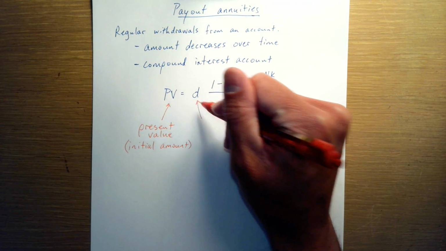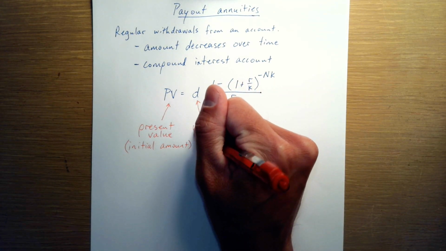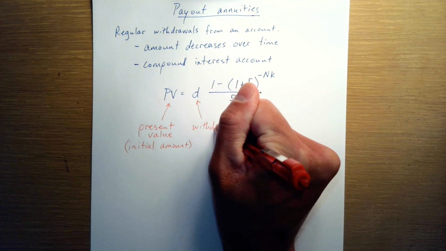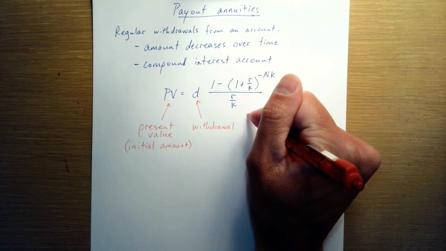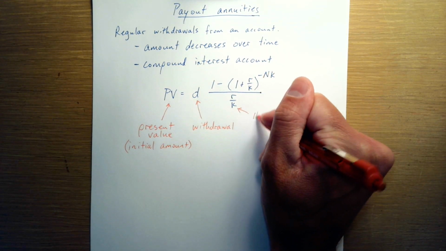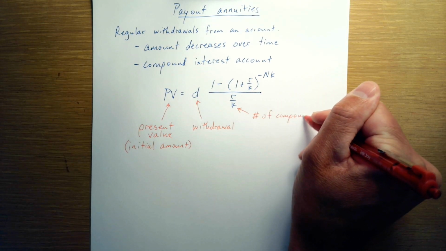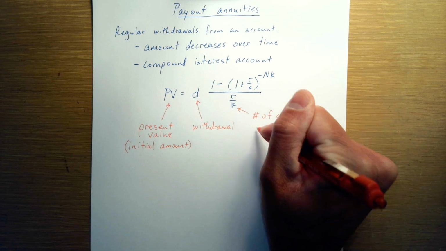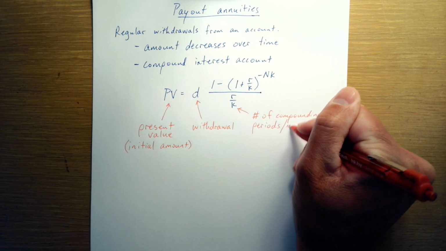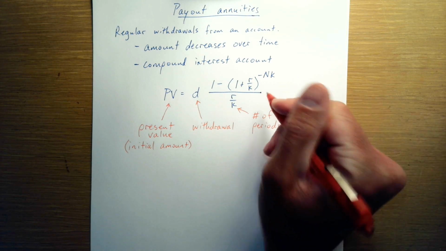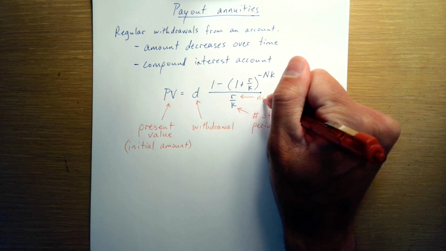So D is what was the deposit, but now it's a withdrawal. K is the number of compounding periods per year. R is the nominal rate, so that's like the interest rate on the account.